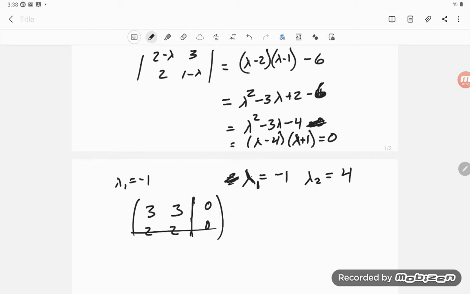And so this implies that x equals negative y. And so a perfectly good solution vector for that would be, say, 1 and negative 1. I could have also used negative 1 and 1, but we'll go with that. So there's x1. Oops, gotta be careful there.